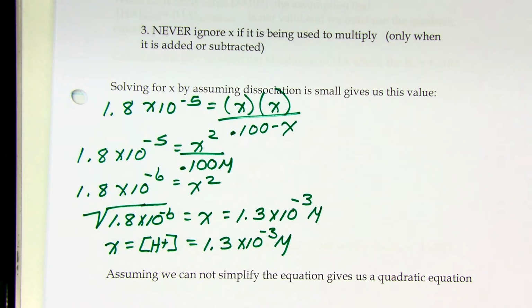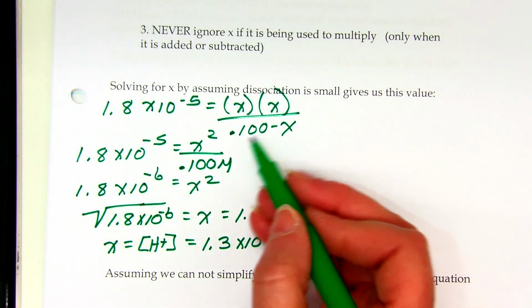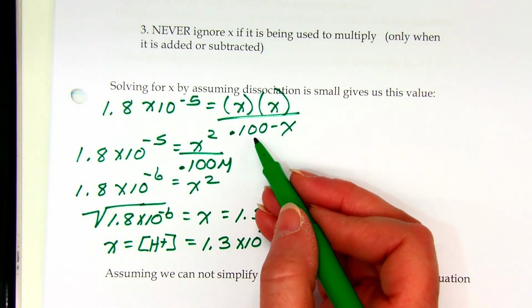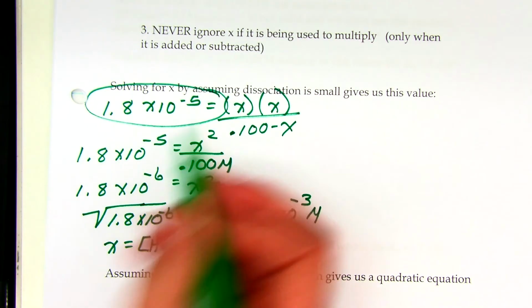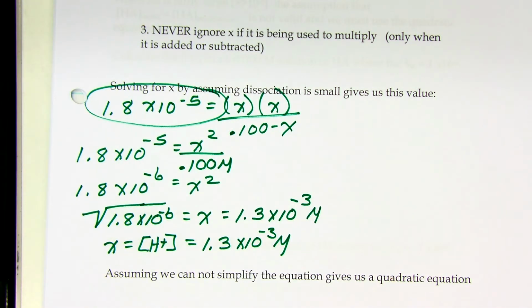Sure. How did you get rid of the minus X underneath? I just randomly waved my hand and said it's so small compared to this that I can ignore it because the Ka is 1.8 times 10 to the negative fifth, which is relatively small. This was an assumption we started making back in chapter 15, and it's usually pretty good.